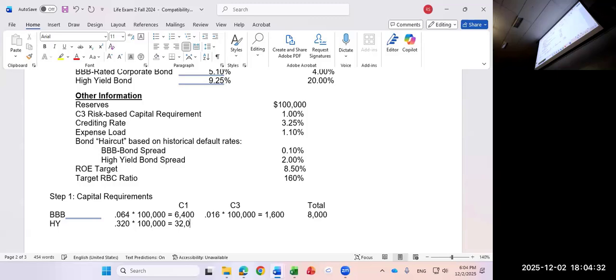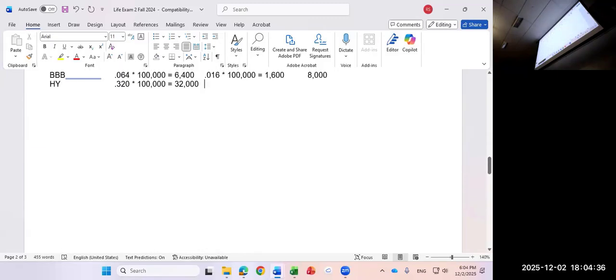It's going to give you $32,000. This one will be the same, so you don't have to do anything there. So you should get 33,600.